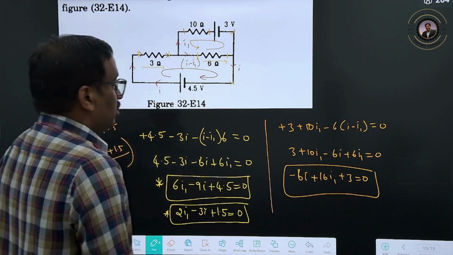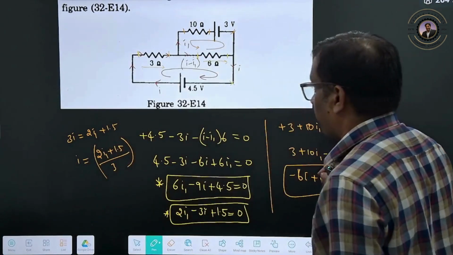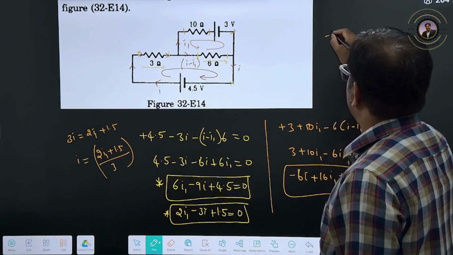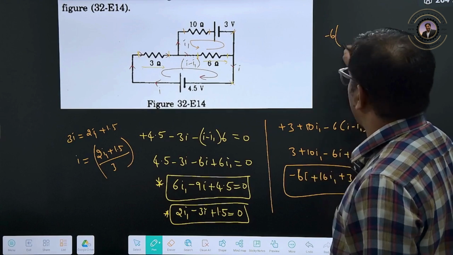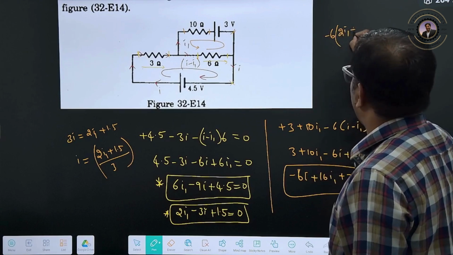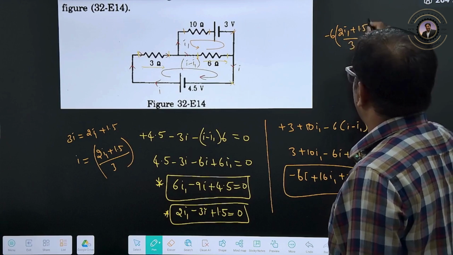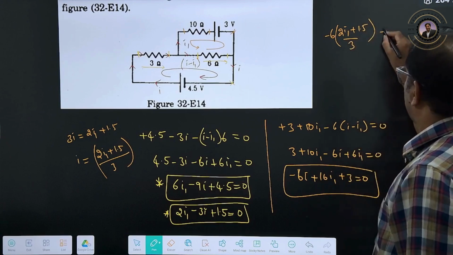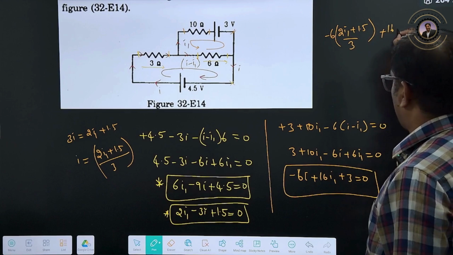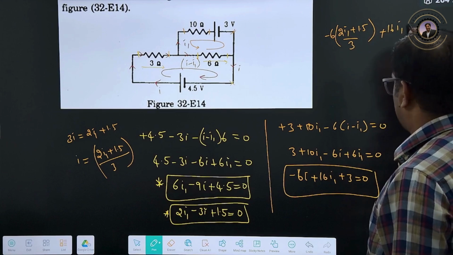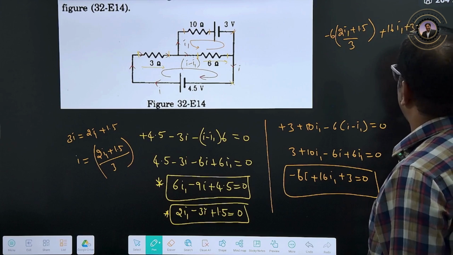Clear? So substitute here. What will you get now? Here minus 6, therefore the I value is nothing but 2I1 plus 1.5 by 3, plus 16I1 plus 3 equals 0.